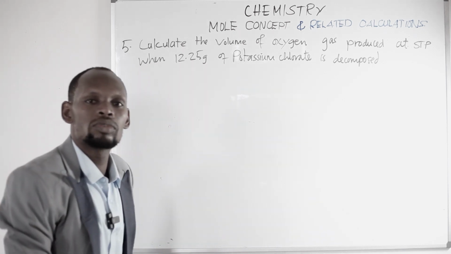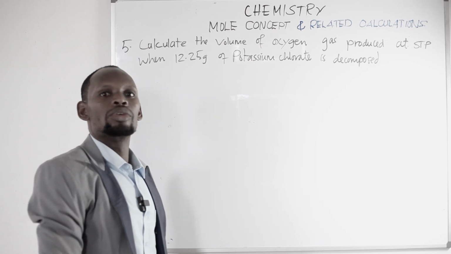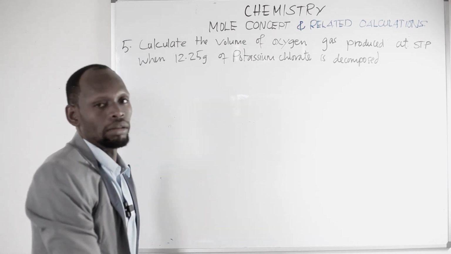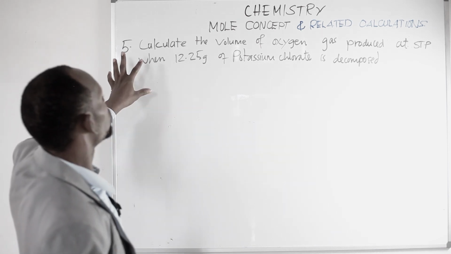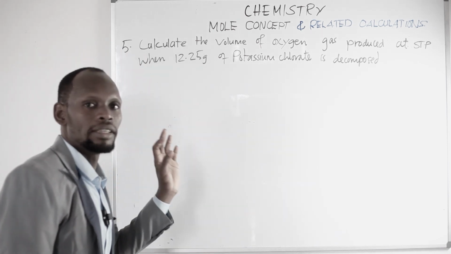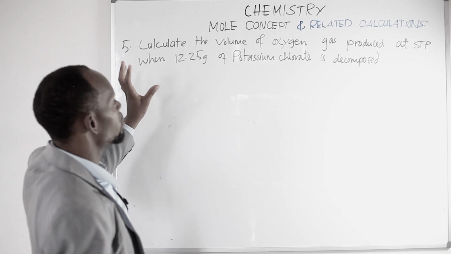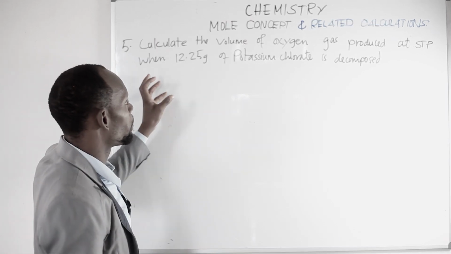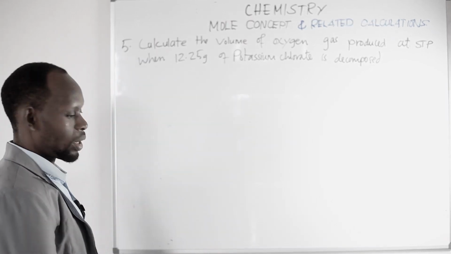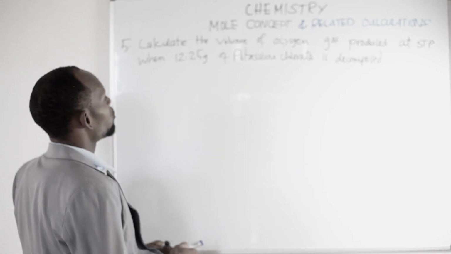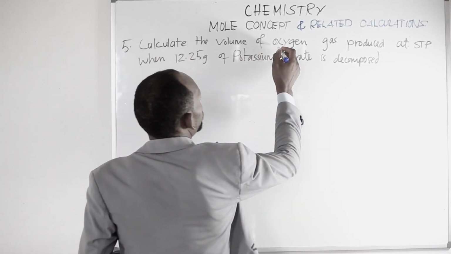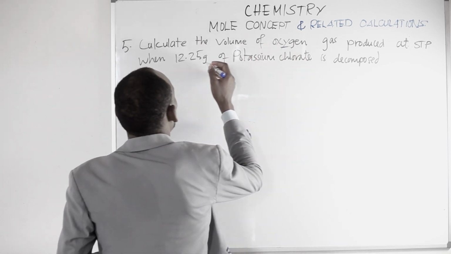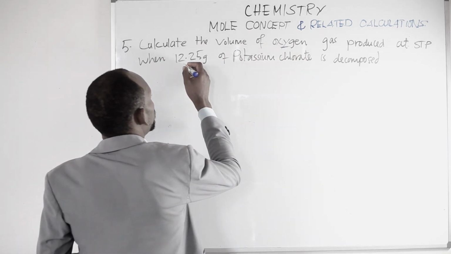For these problems of mole concept, you have to know four main steps. Number 1 is to identify the required term and the data given. Here I underline: calculate the volume of oxygen. It is required, that is the oxygen, and the data given is potassium chlorate.